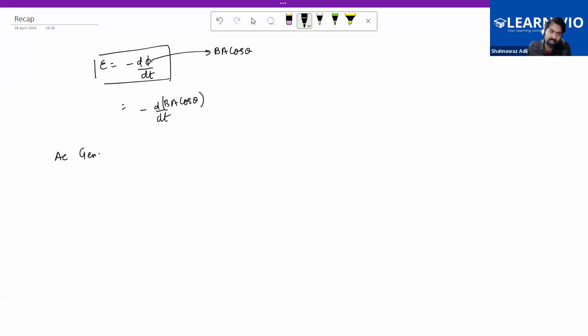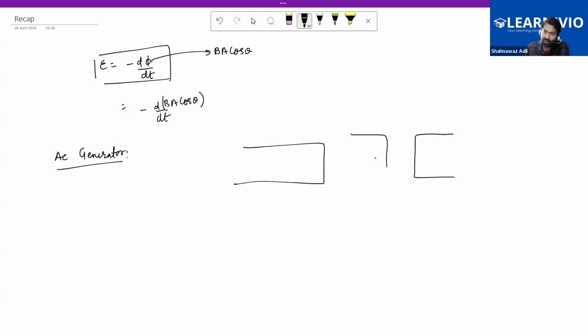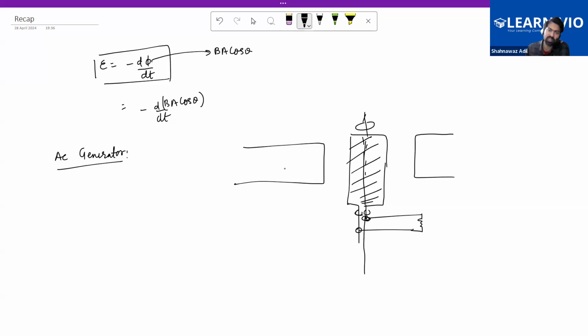In an AC generator, you have this constant magnetic field, and then you have this loop, which is connected with an inverter, and this is rotating. This area is fixed. Only this part is rotating, right? Let's say this is the axis of rotation. You can rotate this, but this magnetic field and this area are fixed.